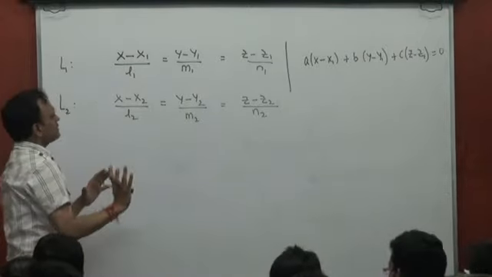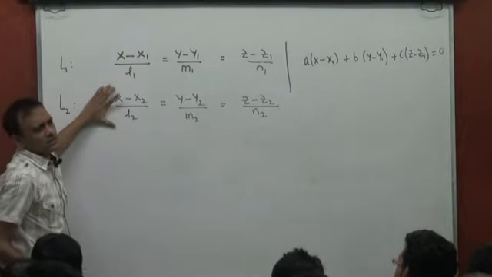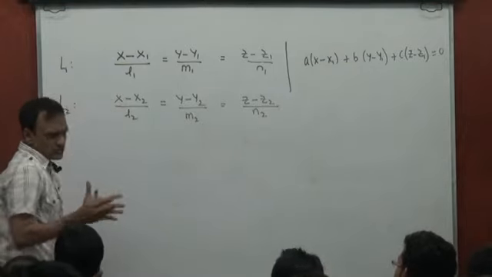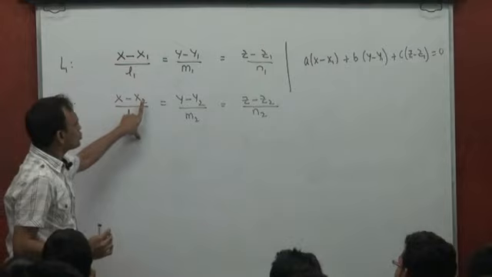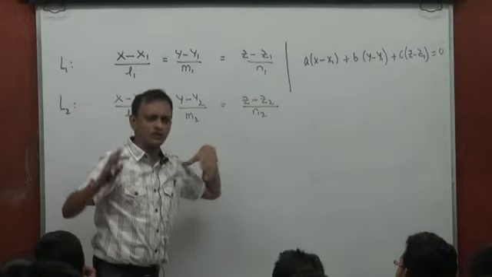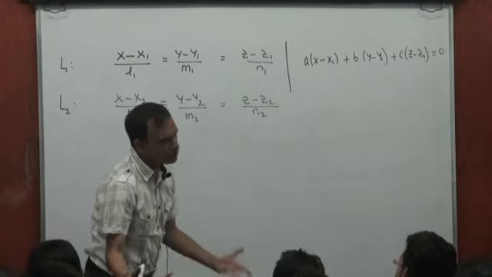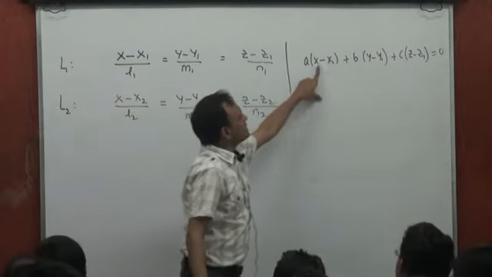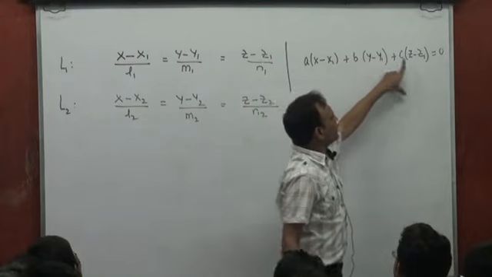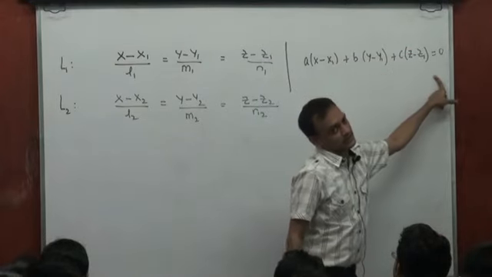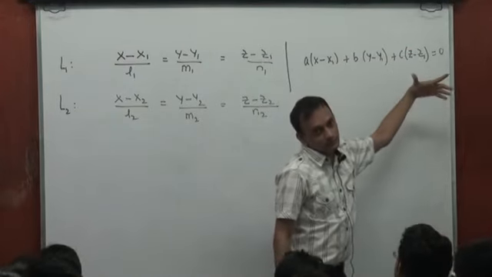The plane obviously also contains L2, the line L2 also lies on this plane. So the point x2, y2, z2 also lies upon the plane. That means if you put x equal to x2, y equal to y2, z equal to z2 in this, the condition would be met, right?